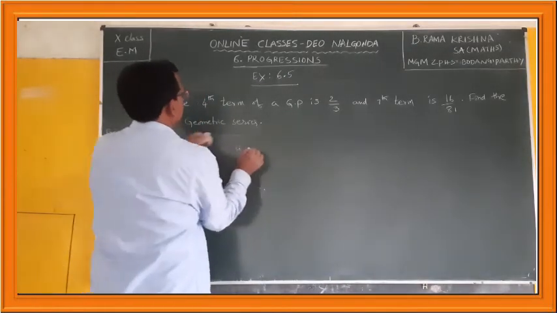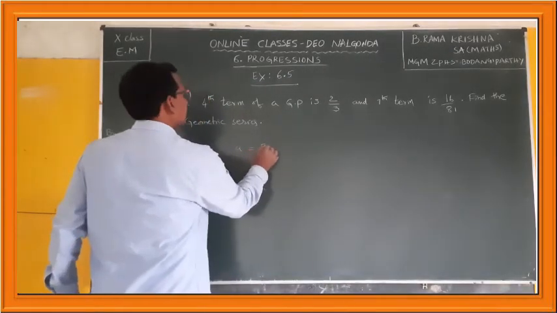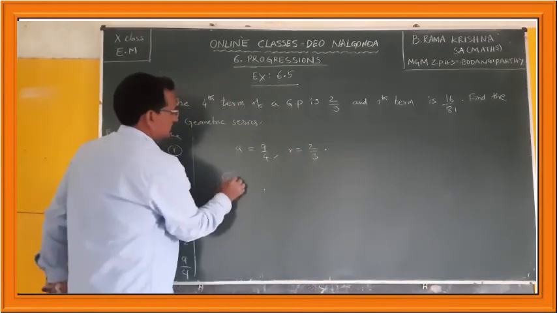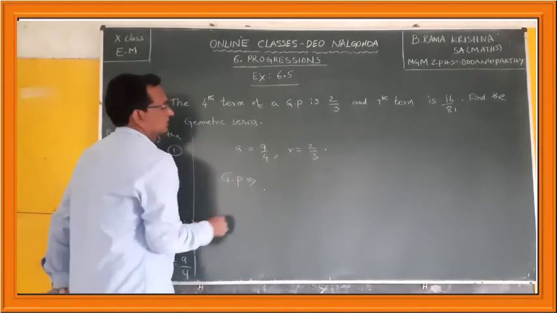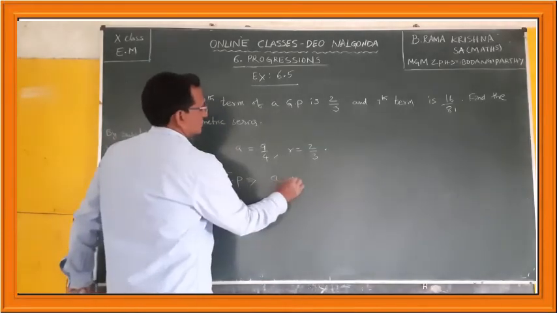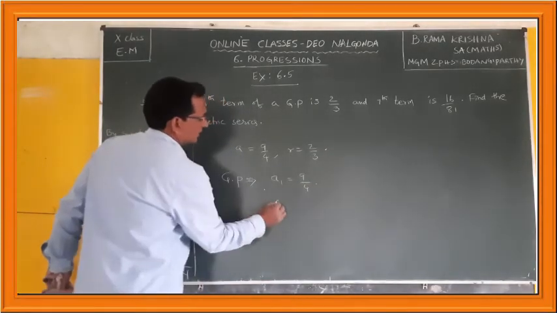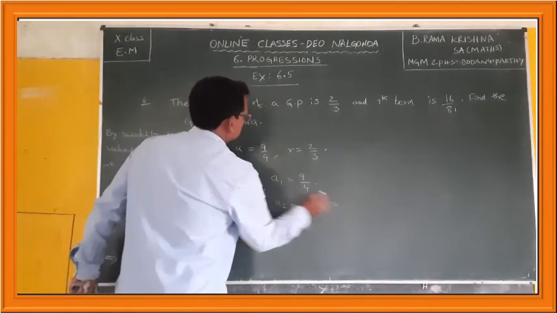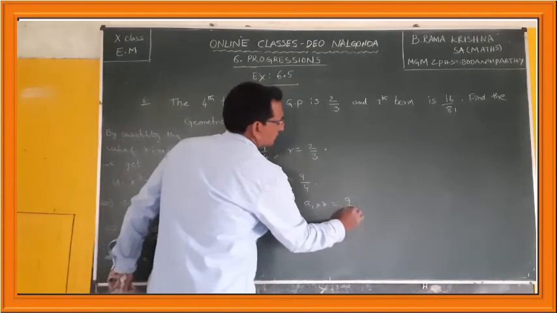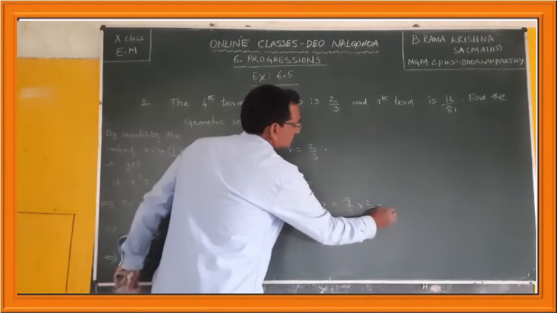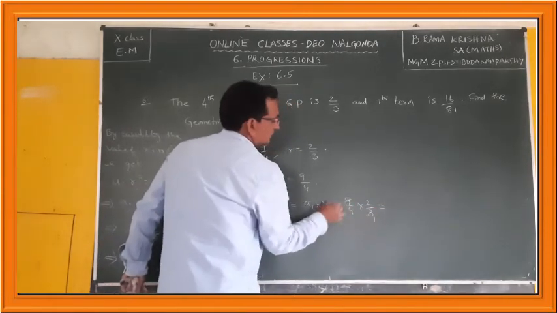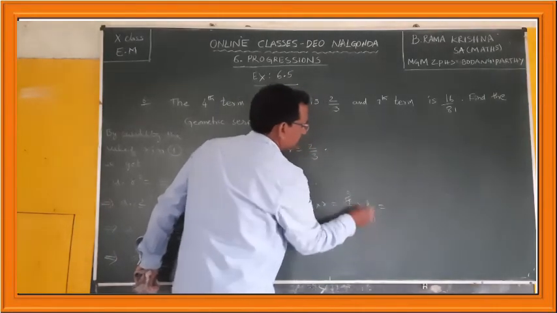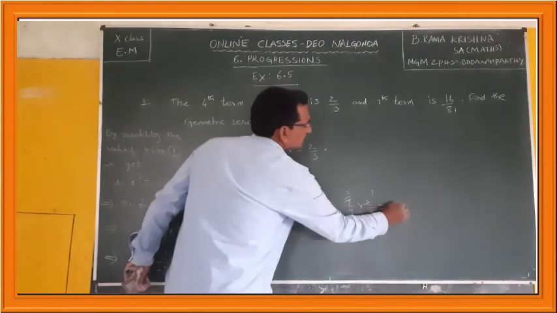A is equal to 9 by 4, R is equal to 2 by 3. Geometric progression implies, first one A1 is equal to 9 by 4, A2 is equal to A1 into R, which is equal to 9 by 4 into 2 by 3, which is equal to 6 by 4, even you can simplify further, 3 by 2.